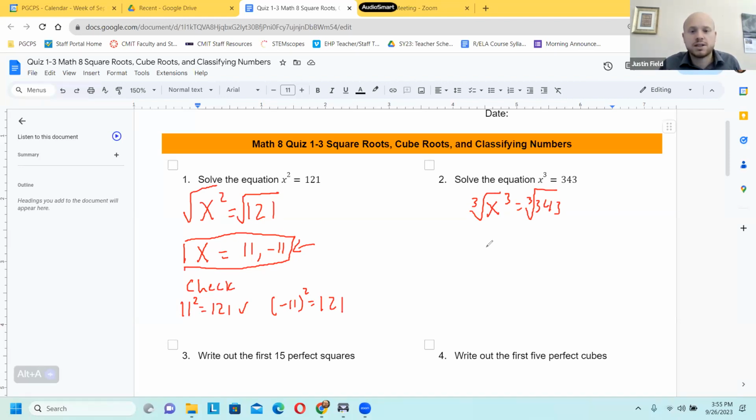And so that makes this x, and the cube root of 343 is 7. x equals 7, check. Is 7 cubed 343? It is. We can do 7 times 7 equals 49, and 49 times 7 would be 343. So there you go. All right. Any questions about 1 and 2? Raise your hand. Ask them now.